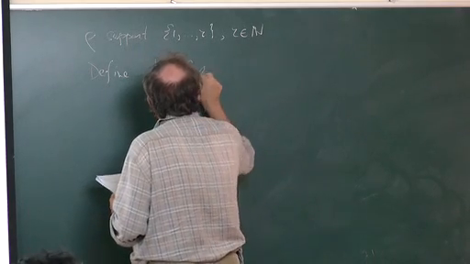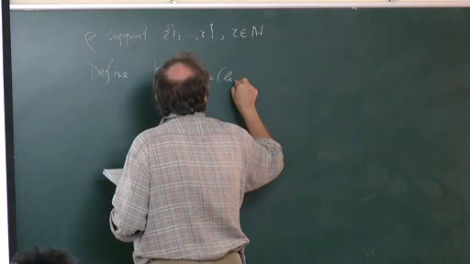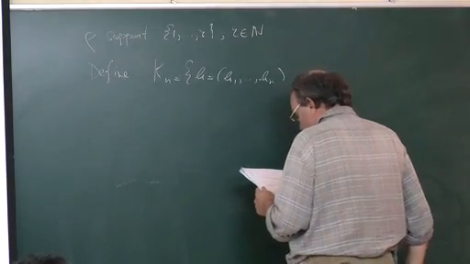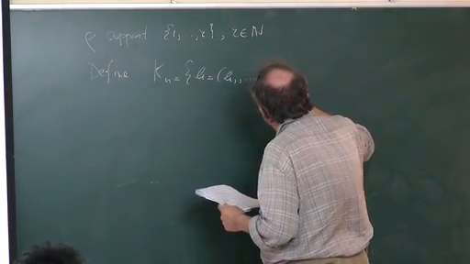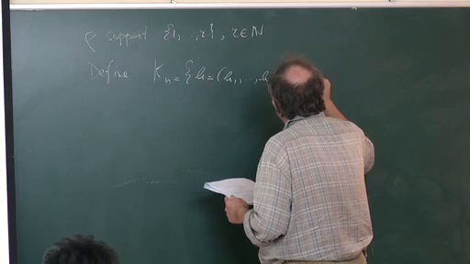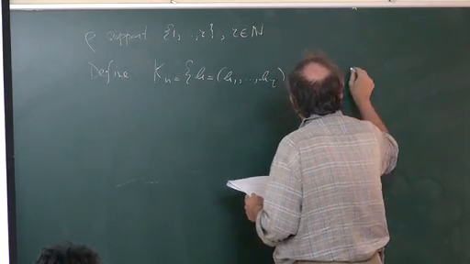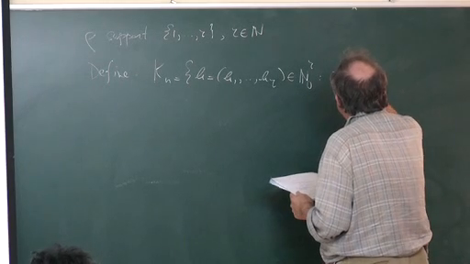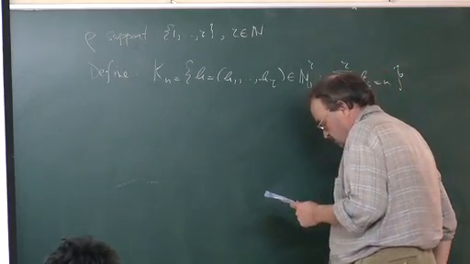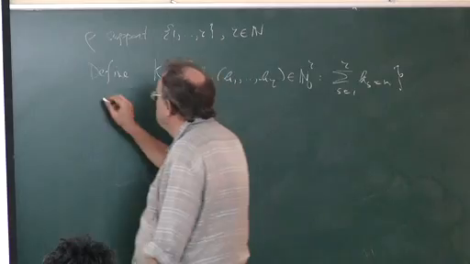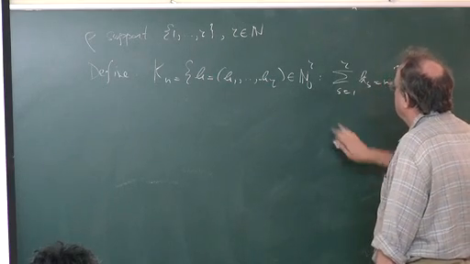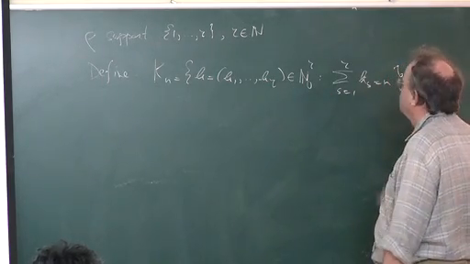This is the set of all vectors k = (k_1, up to k_r), an element of N_0 to the power r, such that the sum of all the k_s is equal to n. And so this is just a bunch of vectors in the r-dimensional lattice that sum up to n.